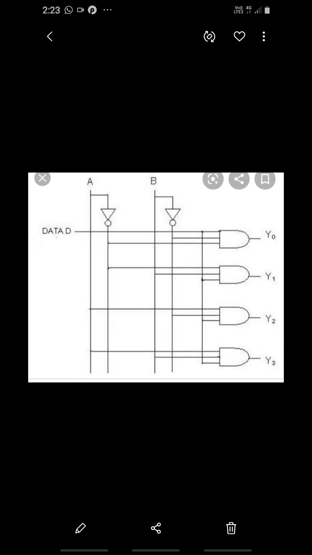So the multiplexer is the data selector and the demultiplexer is the data distributor, as another name. And the multiplexer is a parallel to serial converter, and the demultiplexer is a serial to parallel converter.